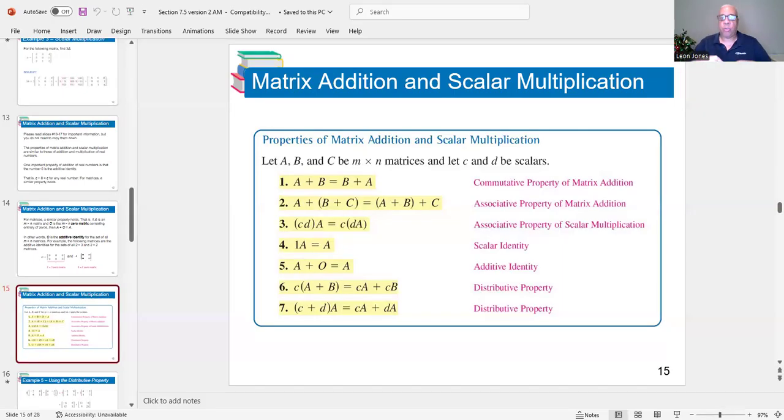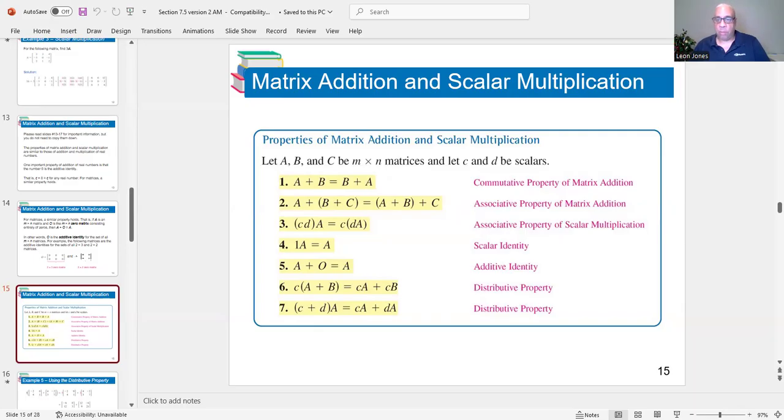So just as with the commutative property of addition, the associative property of addition works basically the same way, except it's just the position on where I start the operation of addition. That's all.